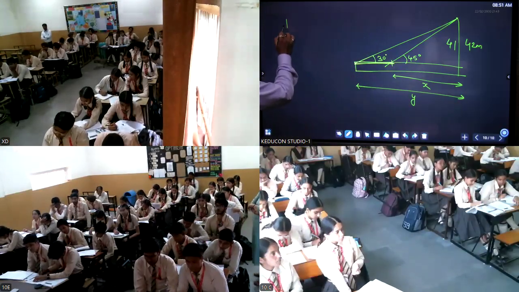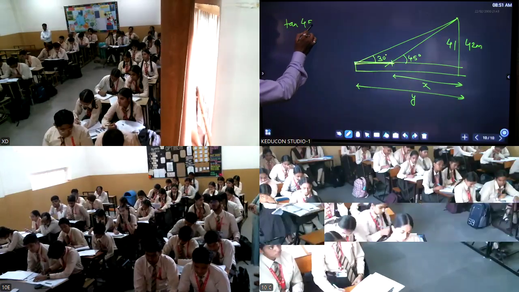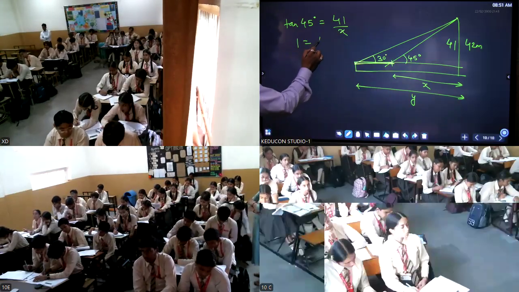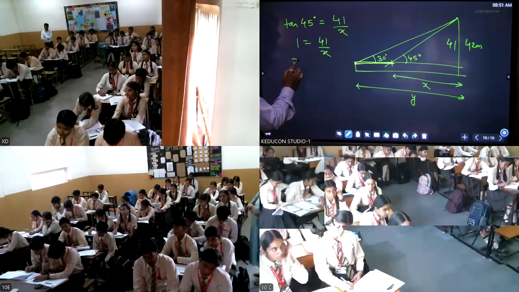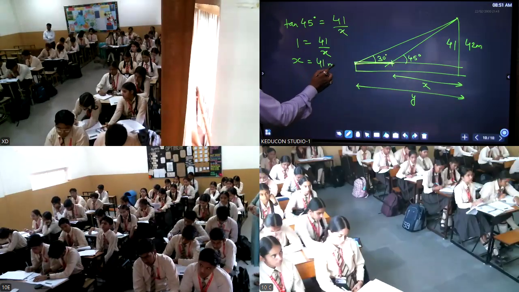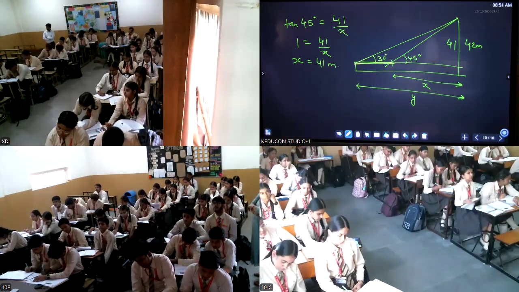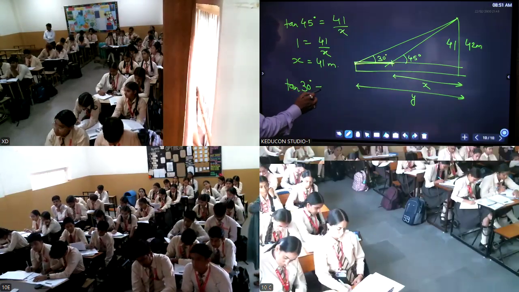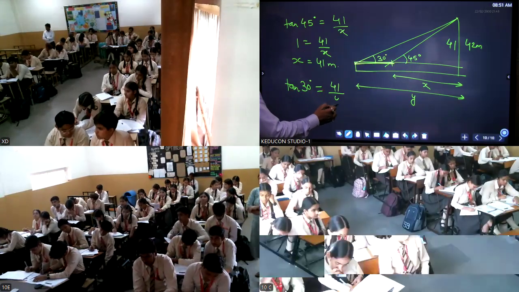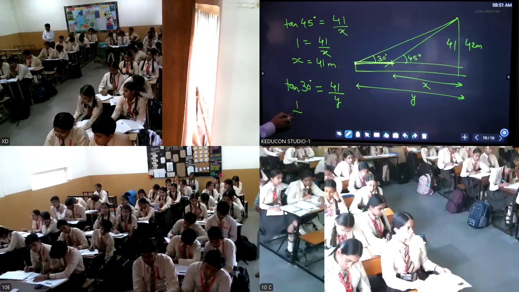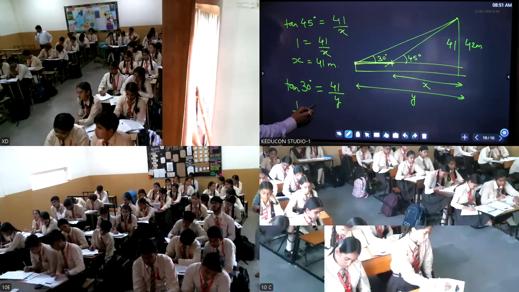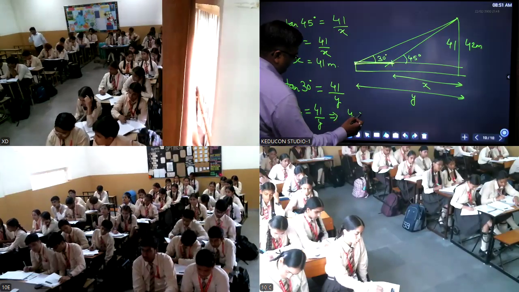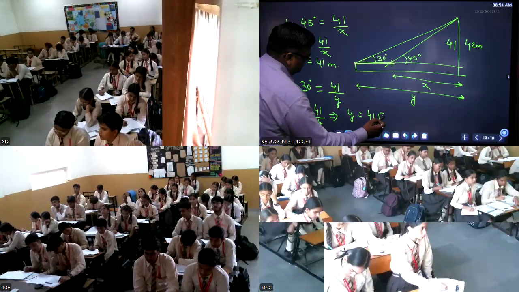So when you take tan 45, this is 41 by x, so this will be 1, so x comes out to be 41, right बच्चों? When you take 30 degree, when she moves back, so again 41 by y, tan 30 is 1/√3, from here y comes out to be 41√3.